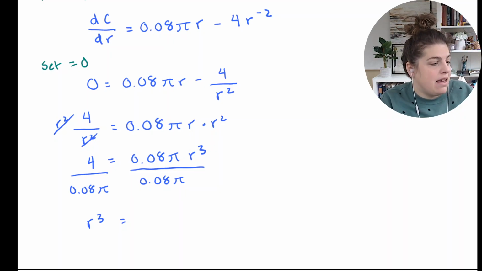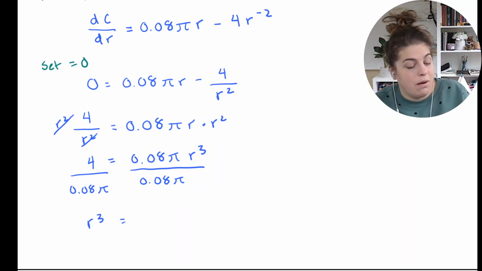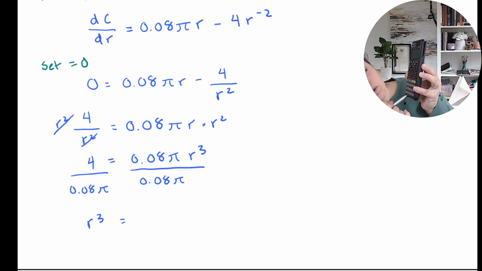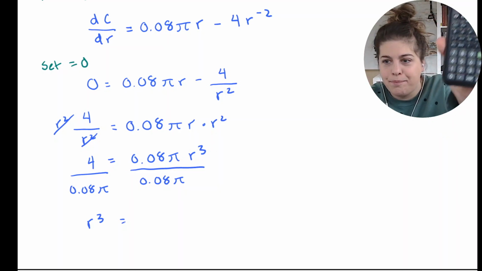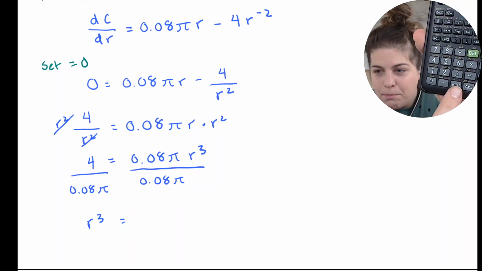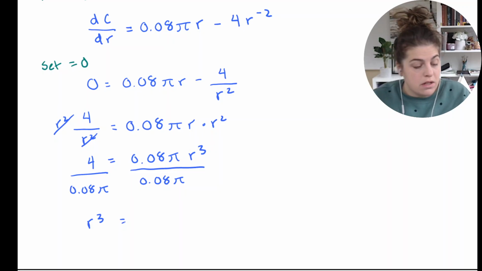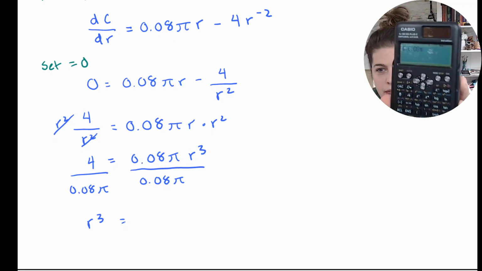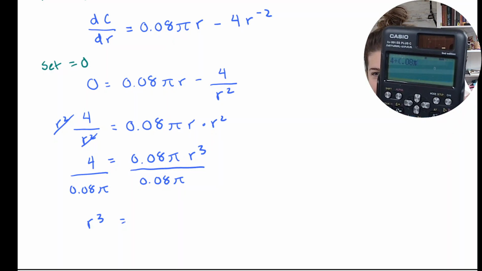So if you have the Casio 991, which most of you should have, the pi is in the secondary function over top of the 10x button here. Okay, so you would hit shift and hit that button, and it will literally show you that pi symbol.